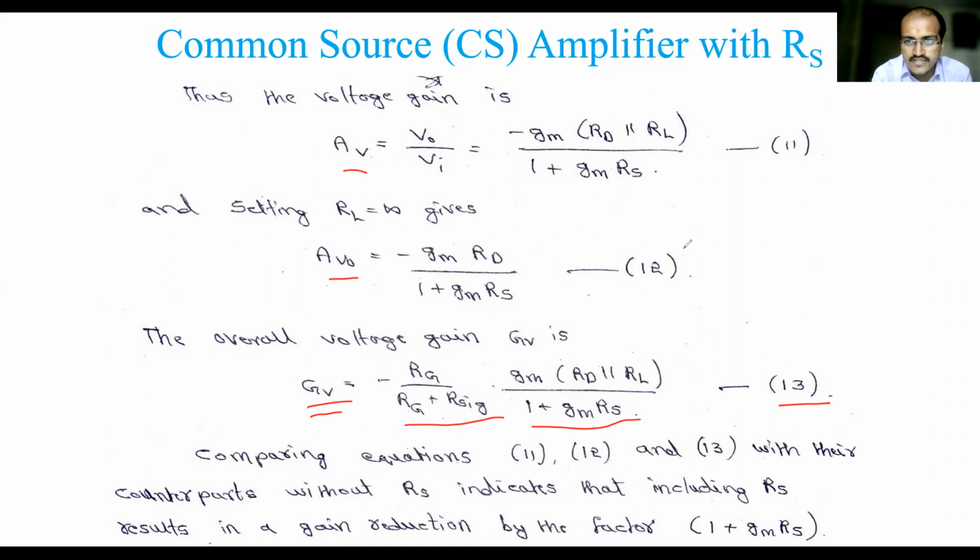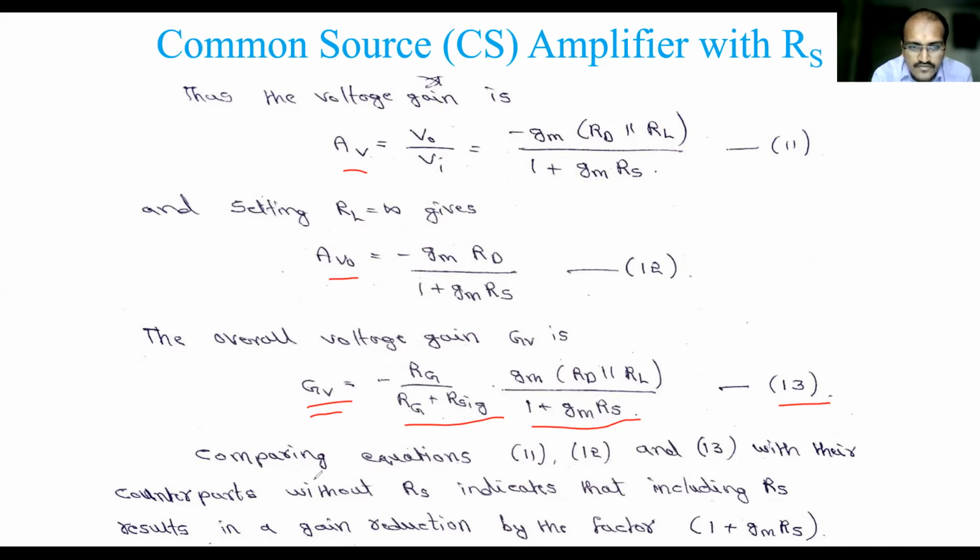Now comparing equations 11, 12 and 13 with their counterparts without RS, the same equations we discussed yesterday in the previous session, what is the difference you see? The denominator factor 1 plus GM RS is the new thing added because RS is included along with GM.